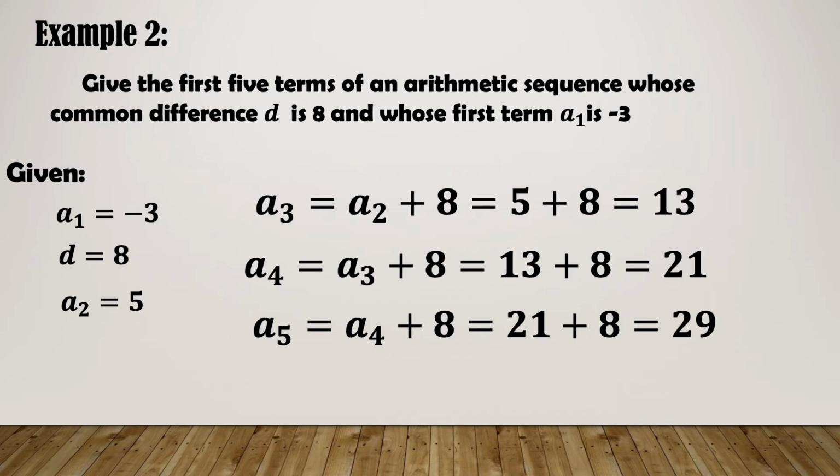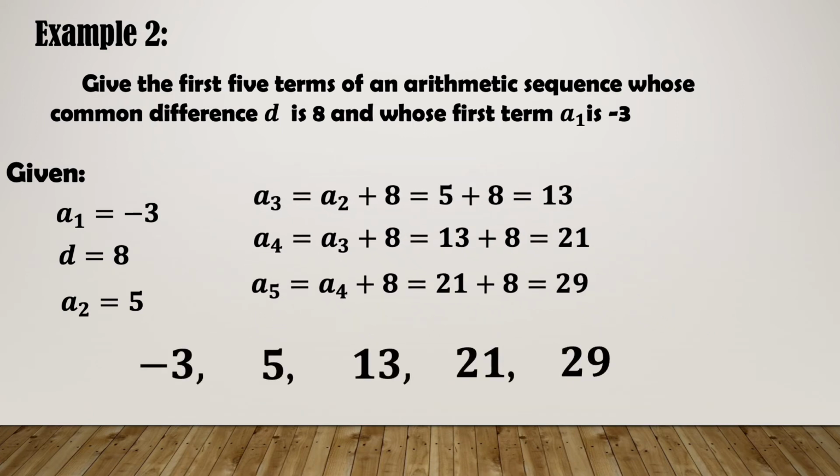Then, for a sub 4, 13 plus 8 is 21. For a sub 5, 21 plus 8 is 29. And -3, 5, 13, 21, and 29 are our arithmetic sequence.